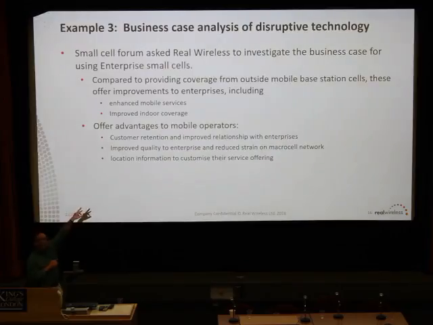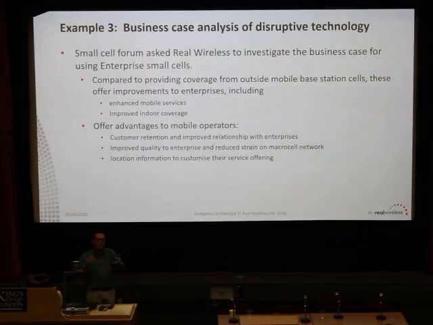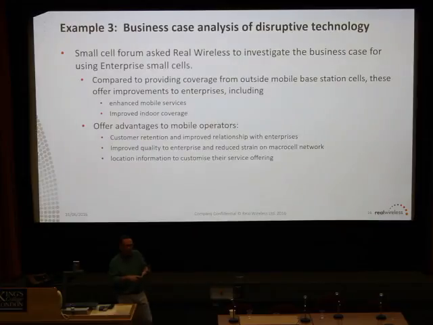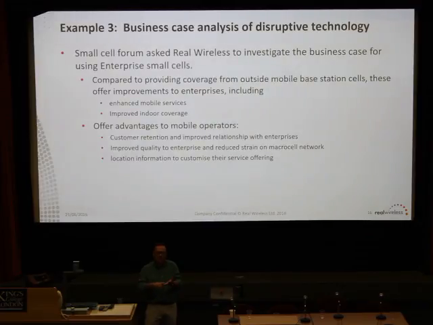So one of the things the enterprise approach was trying to do is allow enterprises to roll out small cells within their own buildings. That means the operators would then get indoor coverage. Operators wouldn't have to worry about the backhaul, though they'd have to get connectivity into their core network and control that.